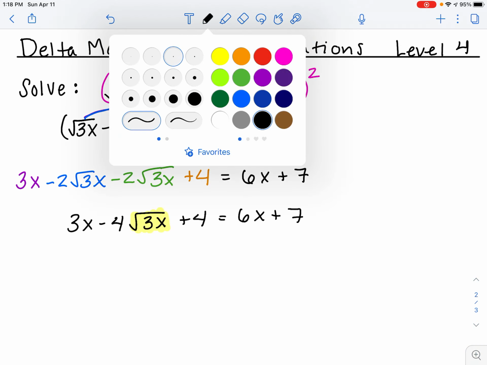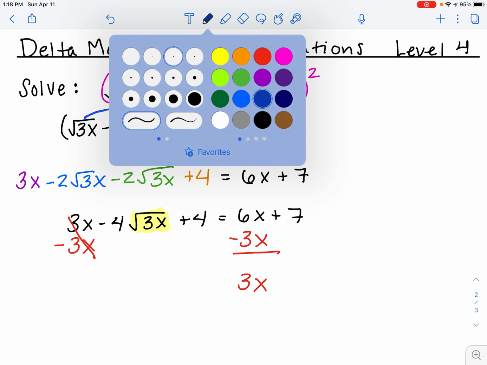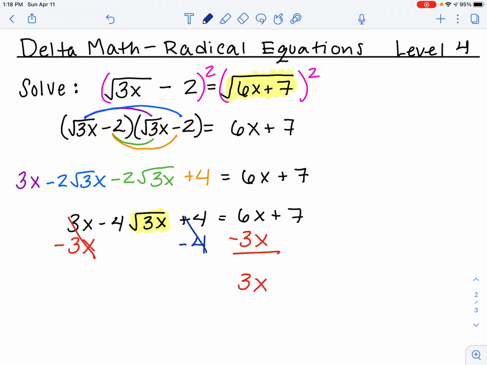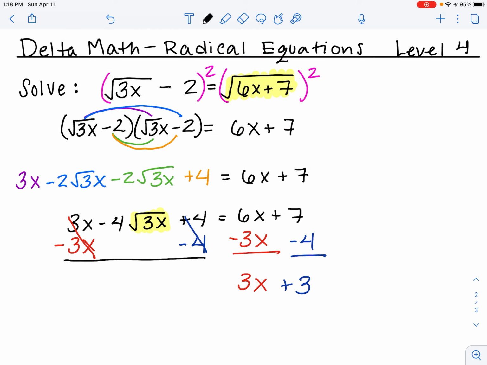So I am going to subtract 3x here and from its like term over here, so that's going to give me 3x. And then I'll subtract 4 here, it'll give me plus 3. And that's going to equal negative 4 square root of 3x.